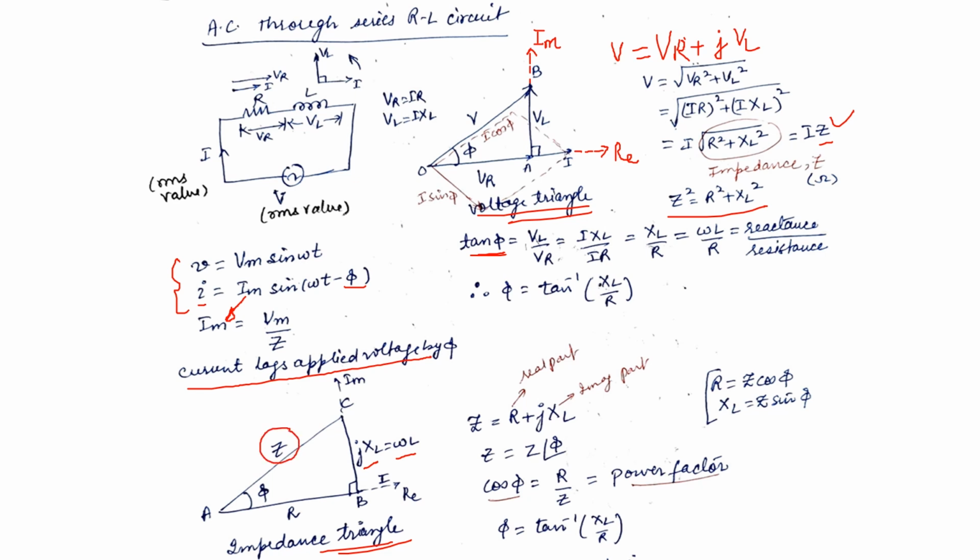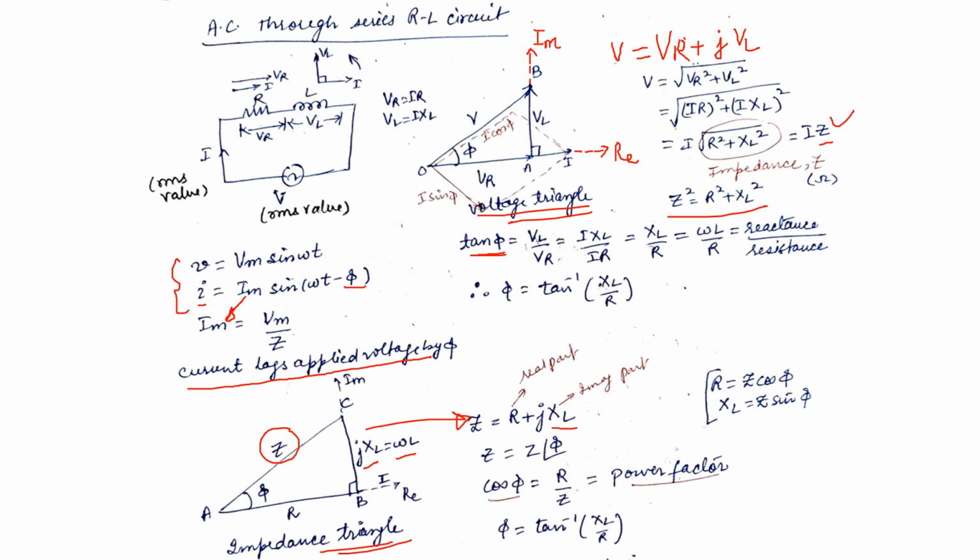So from this impedance triangle, again we can write an expression for Z as R plus jXL, where R is denoting the real part of this impedance, which is resistance, and the second component is indicating the imaginary part, which is giving us an indication of the reactance of this network. Now in this network, the reactance is XL, that is the inductive reactance, because the inductance is connected.